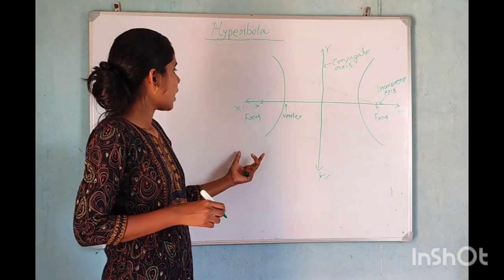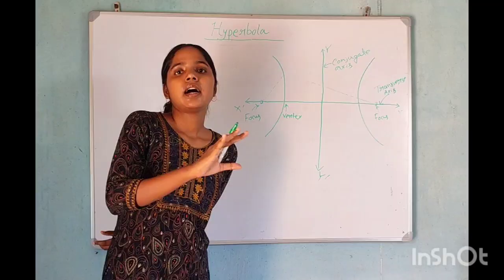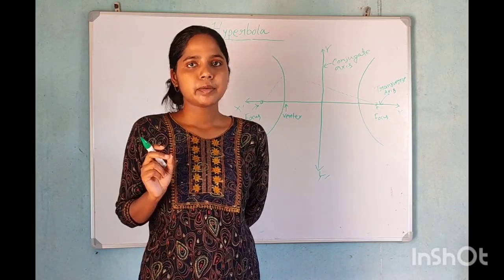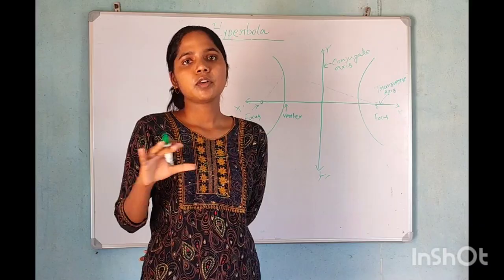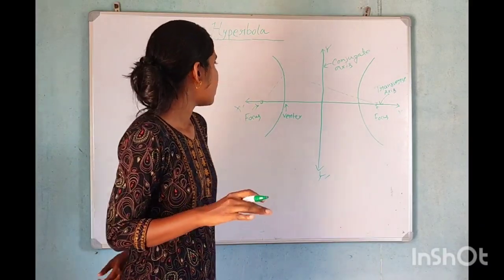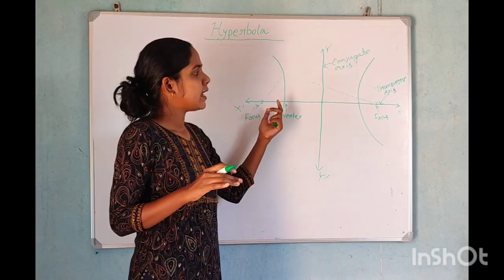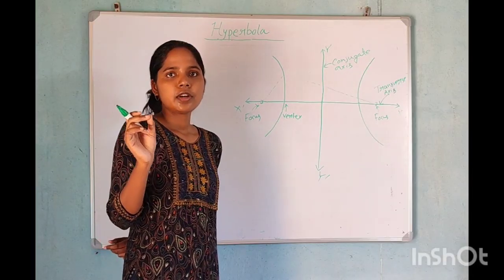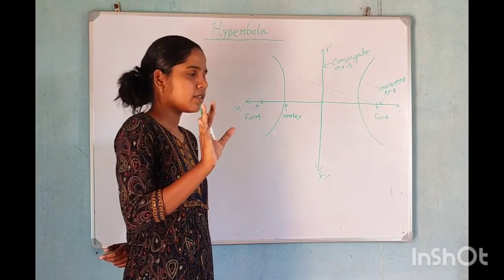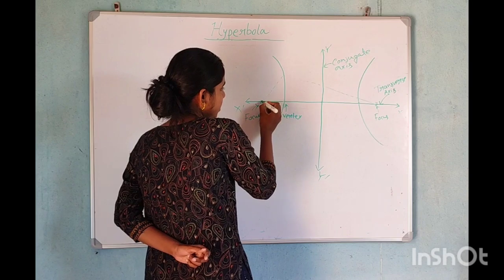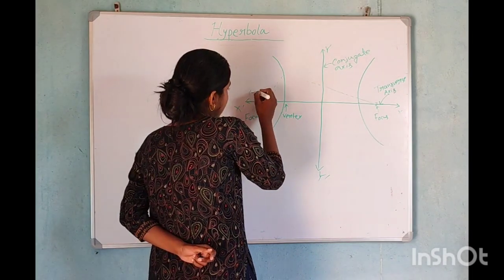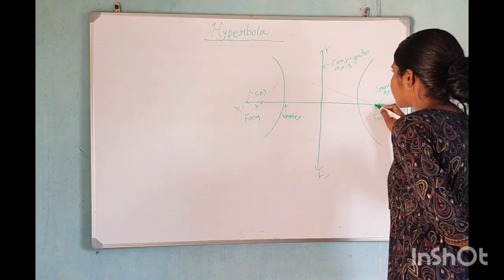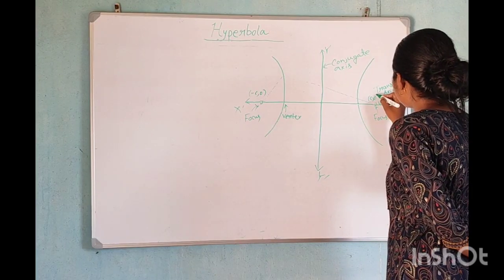The formulas are similar to ellipse except the equation of hyperbola. All the formulas are almost similar. So in ellipse we know that our foci are c, 0 and minus c, 0. Here also it is the same. Focus is, because this is the negative side, minus c, 0, and here it will be c, 0.